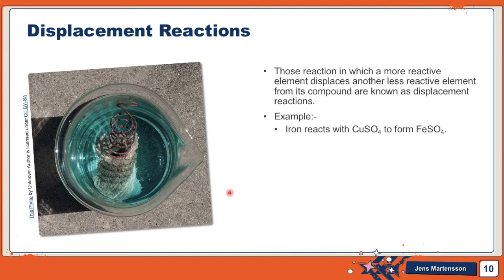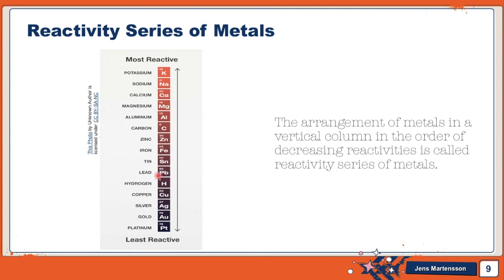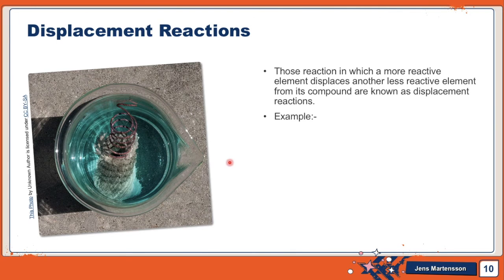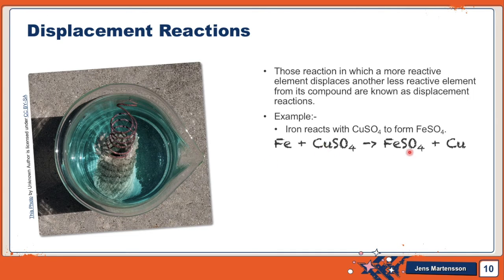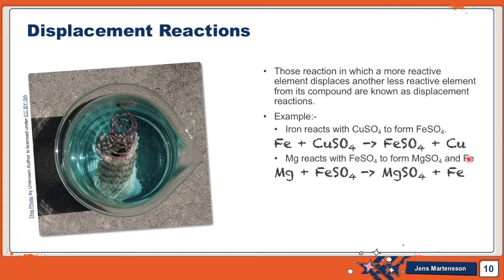As we have seen in the last table, iron is more reactive than copper. So what it did was it took out copper from its compound and replaced it. As you can see, copper is out now and iron has gone into it. So let's see magnesium reacting with FeSO4 to form MgSO4 and Fe.